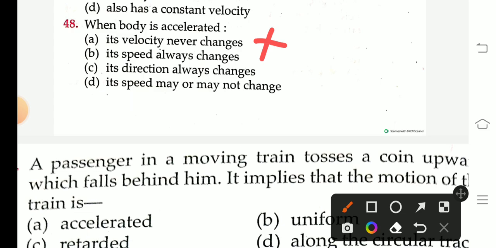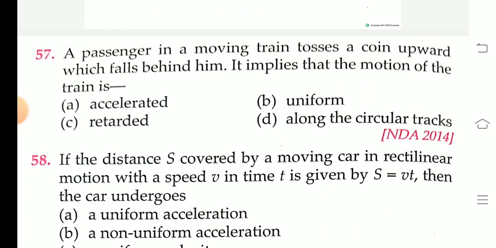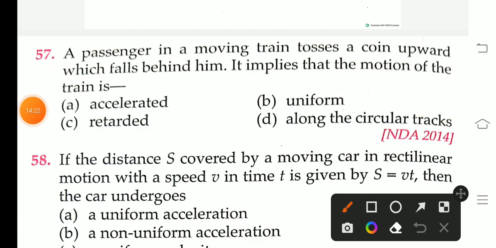Its speed always changes. Its speed may or may not change. A passenger in a moving train tosses a coin upward, which falls behind him. It implies that the motion of the train is accelerated.